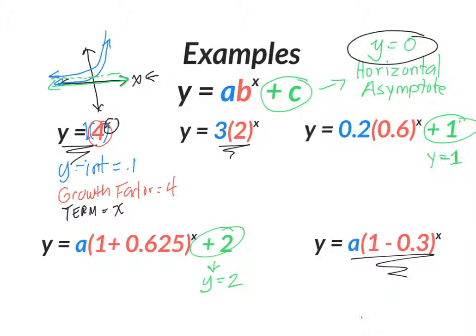All right. Now, moving on to our second example. Basically, my y-intercept is now equal to 3. And then my growth factor, once again, this is greater than 1, so it's exponential growth. The growth factor is equal to 2.